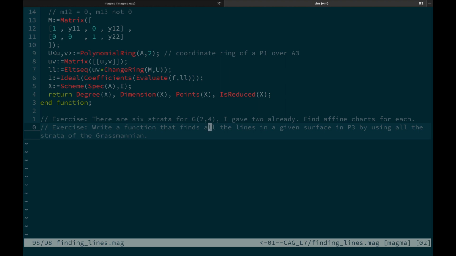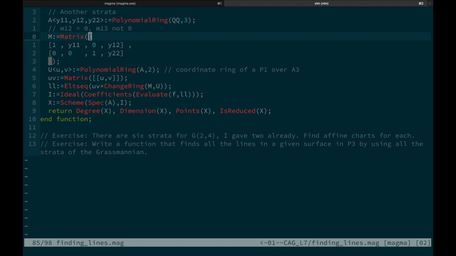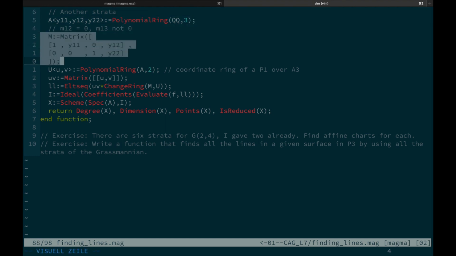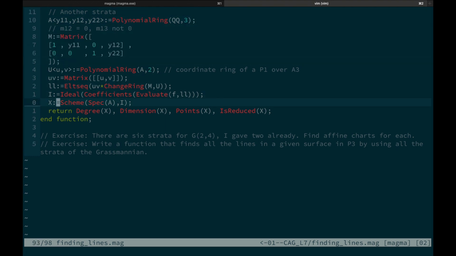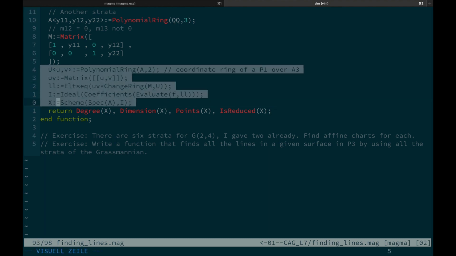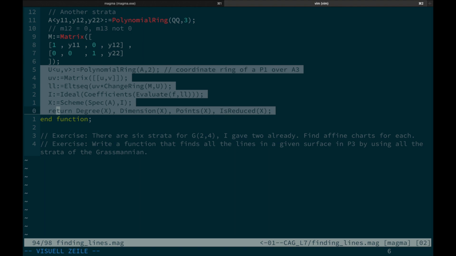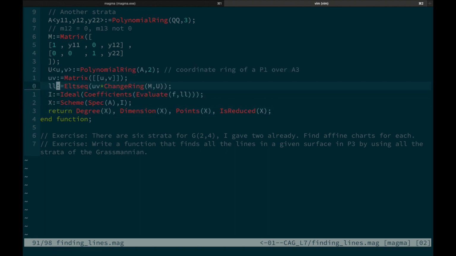And then you can either do as I've done and write down 6 functions, or you can be a little bit more clever about how you can construct these things on the fly and then construct the scheme more uniformly. Since all this expression here was uniform, I don't want to repeat it again and again, so you can try to cook up a more elegant way to go through these 6 strata. Again, that will be a coding challenge if you want to make it more elegant.